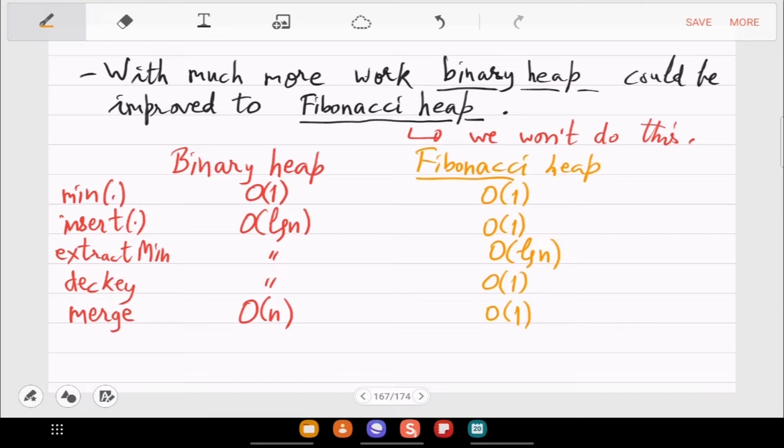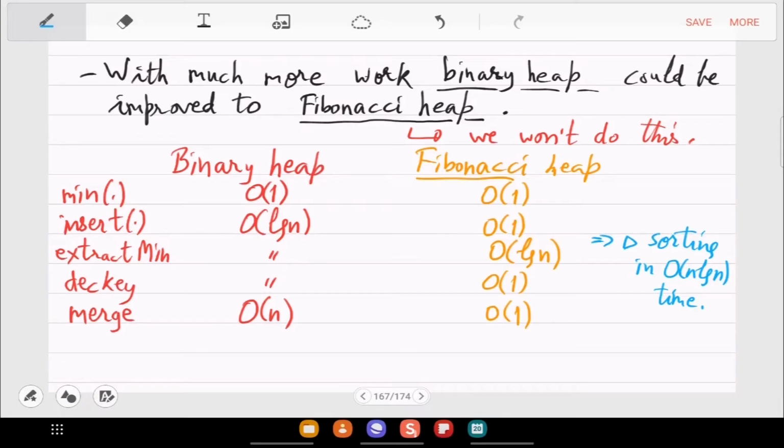So it will not improve the sorting algorithm, but everything else it improves.